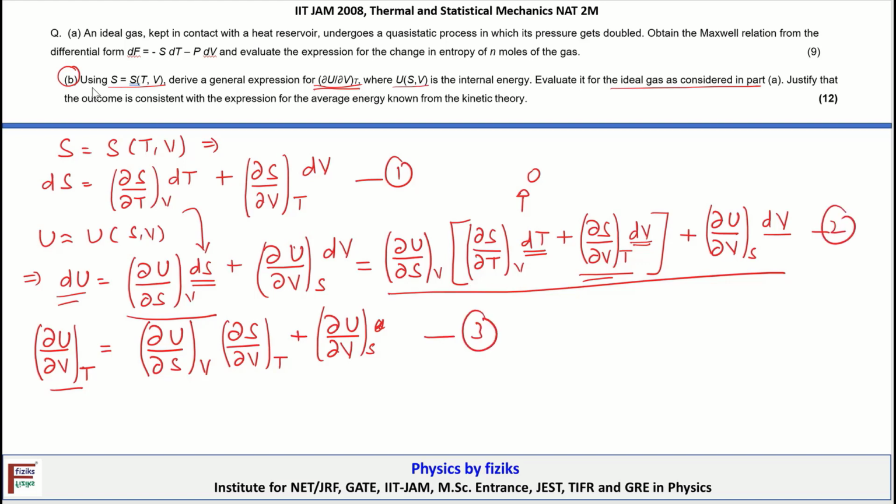Now we'll make use of the first law of thermodynamics, which says that dU is equal to TdS minus PdV.